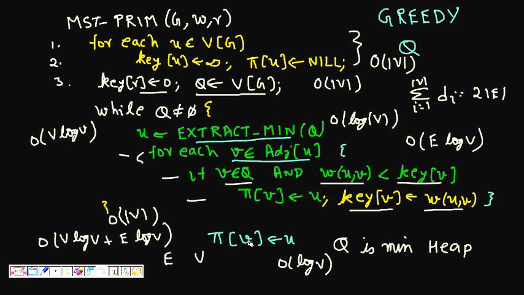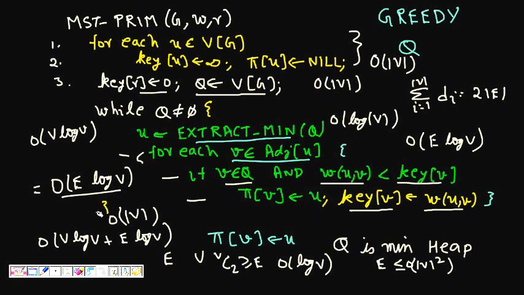We should have maximum V choose 2, so this should be greater than or equal to E. So E is less than or equal to mod V square, O of mod V square. So E log of V, if you simplify it, will come out to be O of E log of V. So this is the running time complexity with the help of min heap for Prim's algorithm.